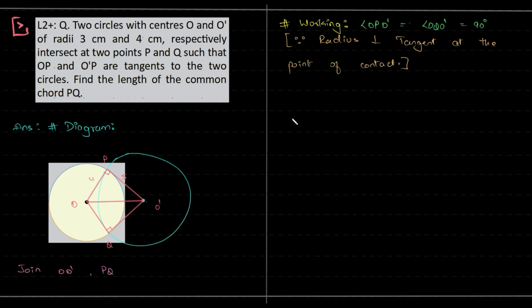Then in triangle OPO dash, we have OO dash the whole square equal to OP square plus PO dash the whole square, using the Pythagorean theorem.